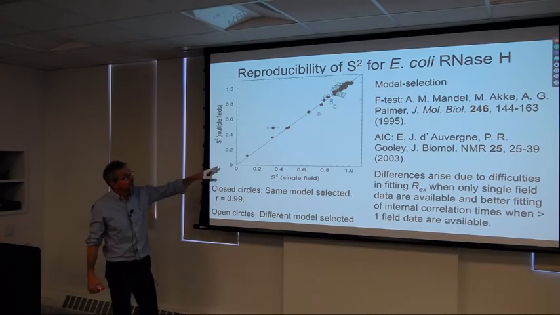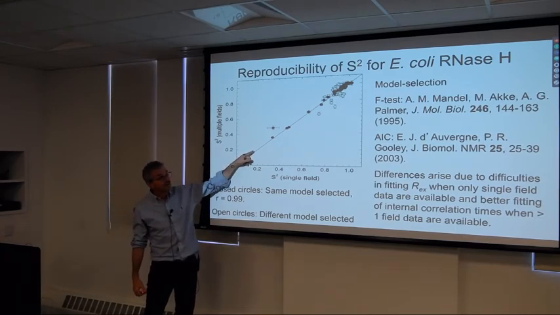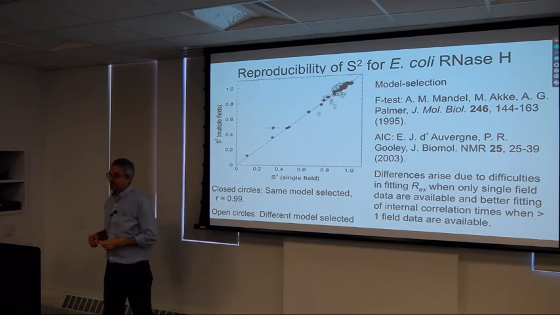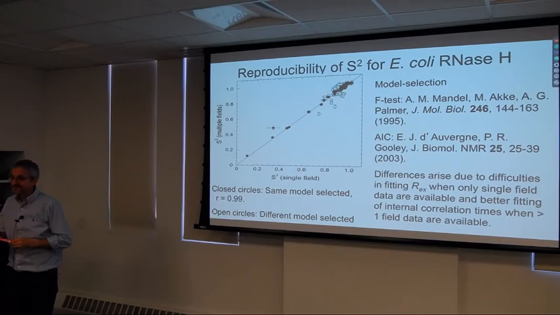So this shows the comparison. And the solid lines are the residues where we pick the same model in each case. And the open circles are where we fit different models because we go through a statistical model selection trying to find the model that fits the data best.